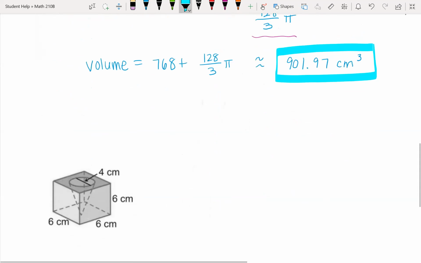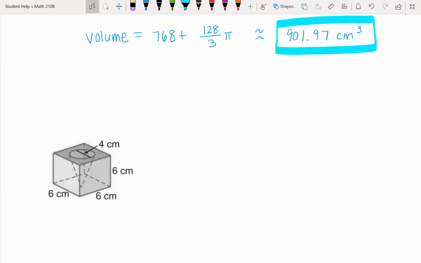All right, and then our last example is a cube. All 3 of the edges are the same, and then there's a cone that is removed. So the total volume here is going to be a cube and then subtracting a cone. The volume of the cube is taking one of the sides and raising it to the 3rd power, cubing it.